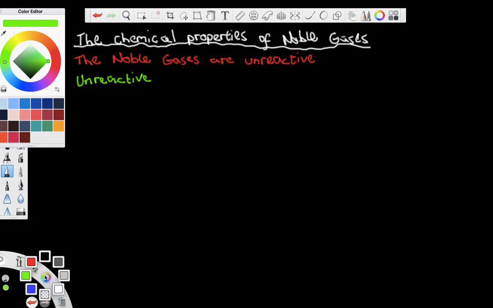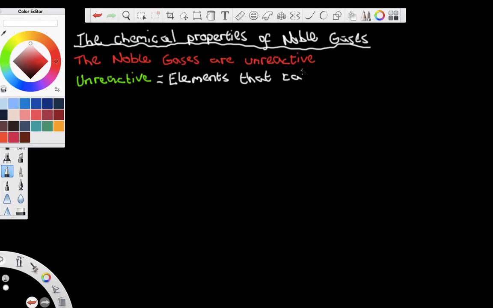The word unreactive means that it is an element or elements that take part in very few chemical reactions.